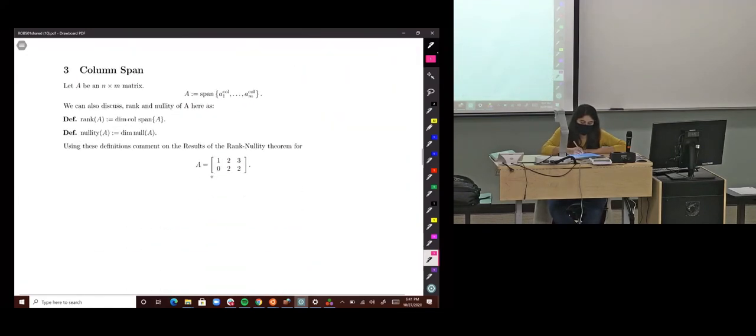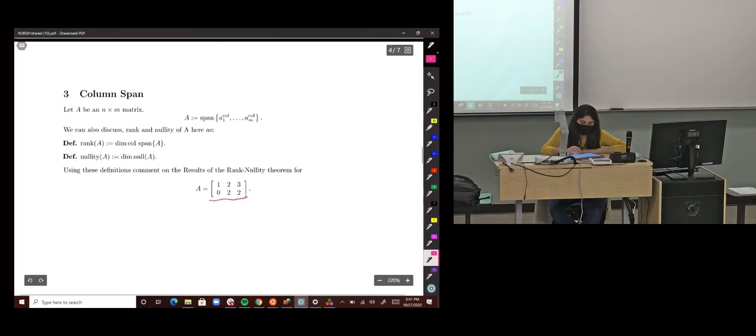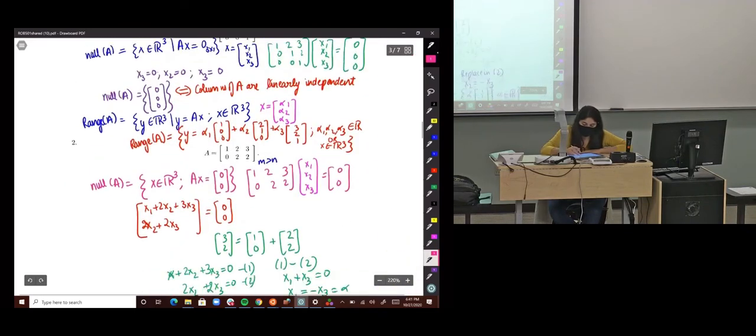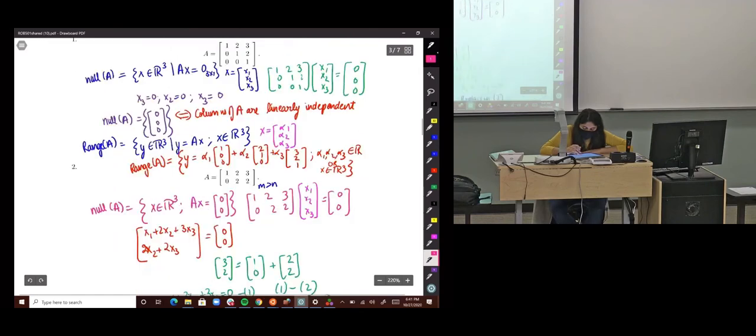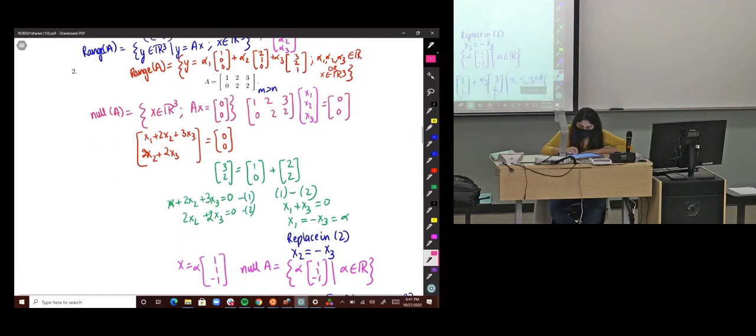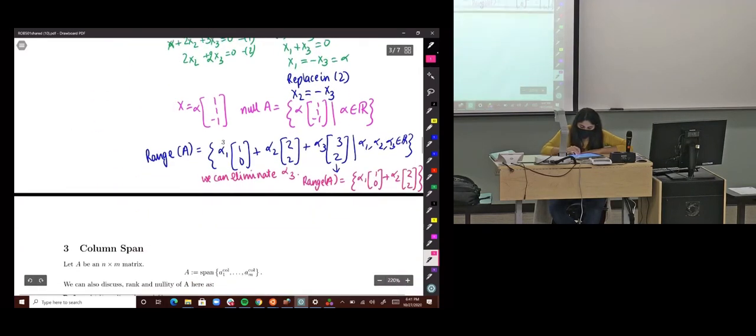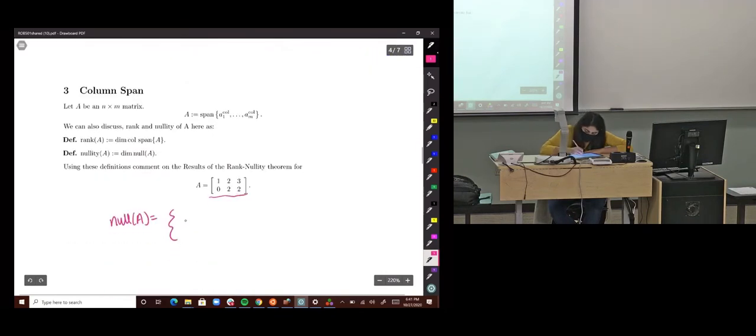So if we have the same A matrix from before, which we just did, we found the null space of A to be the set of elements right here: alpha times (1, 1, -1), such that alpha lies in the set of real numbers.